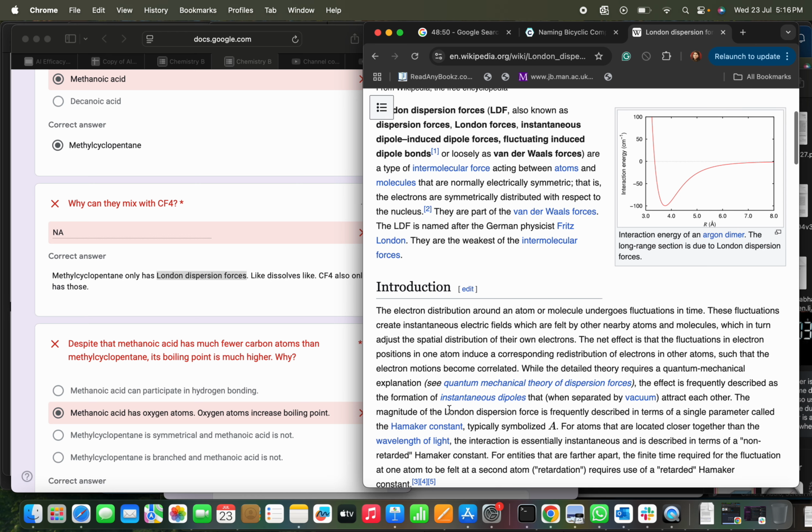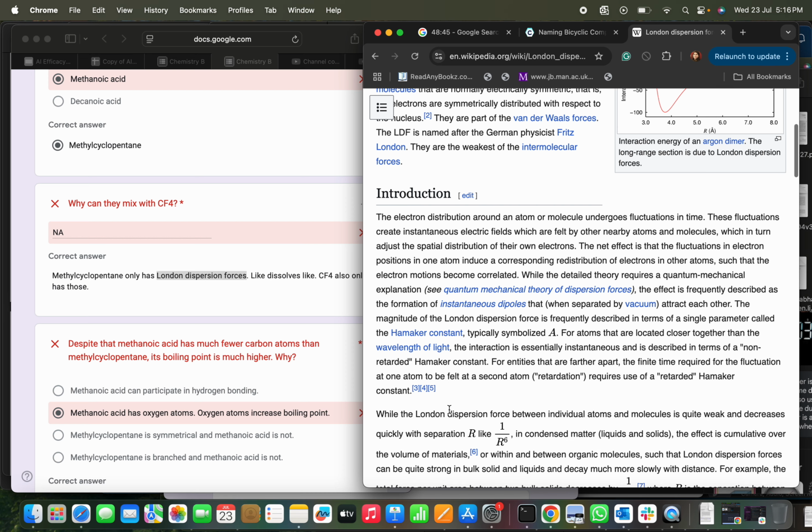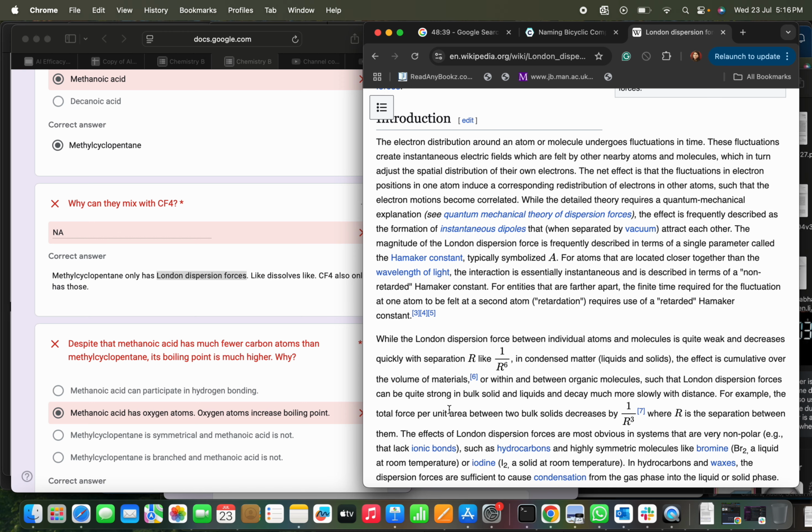The LDF is named after the German physicist Fritz London. The electron distribution around an atom or molecule undergoes fluctuations in time. These fluctuations create instantaneous electric fields which are felt by nearby atoms and molecules, which can adjust their distribution, especially of their own electrons.